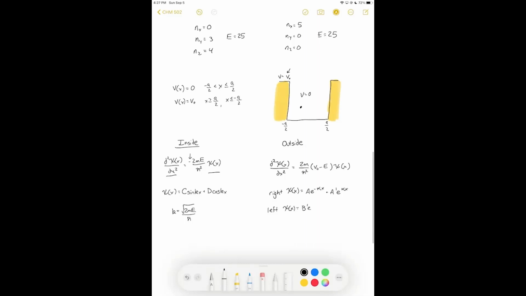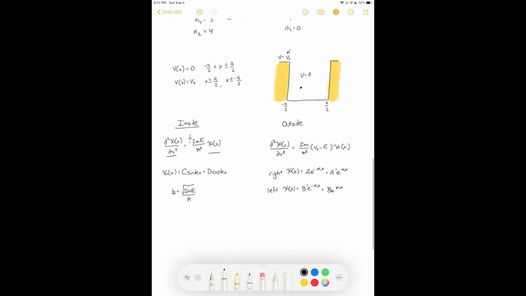So we'll say B prime e to the minus kappa x plus B e to the kappa x, where kappa takes the same form as our k constant, but the potential energy is there as well. So it's 2m, now we have V naught minus E, so it's slightly smaller, and then over h bar.